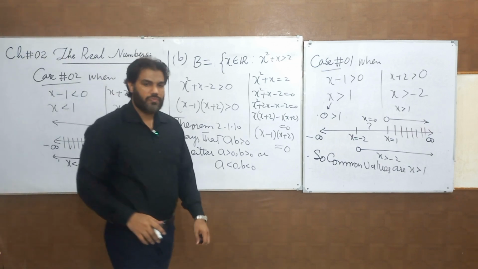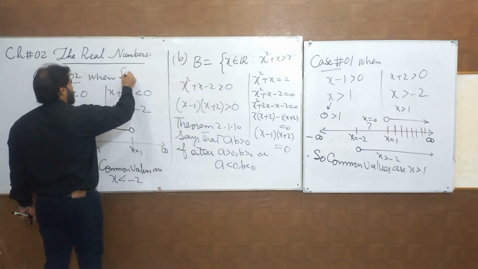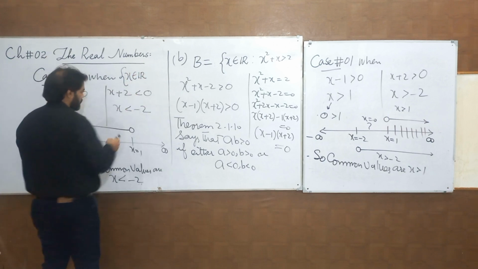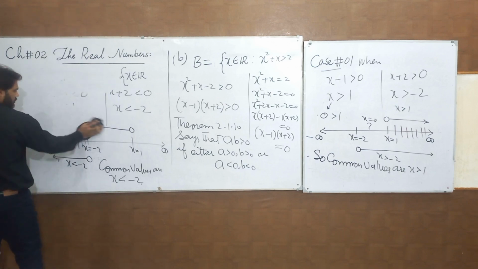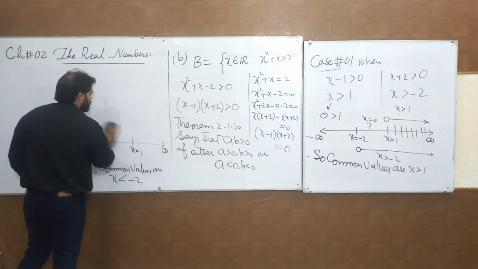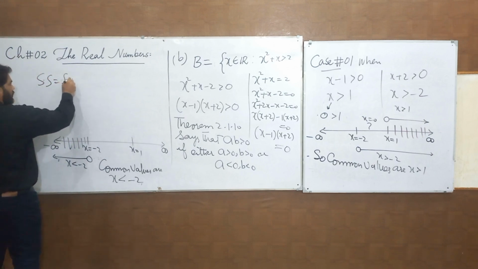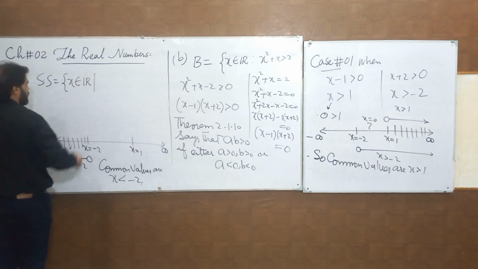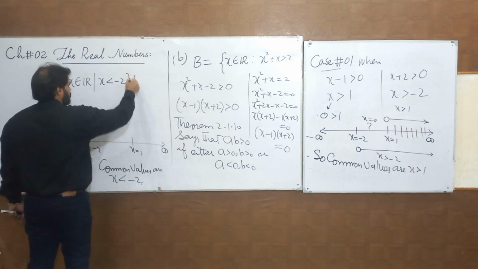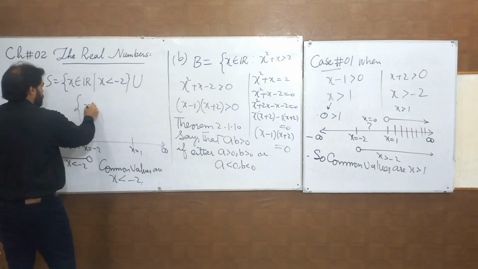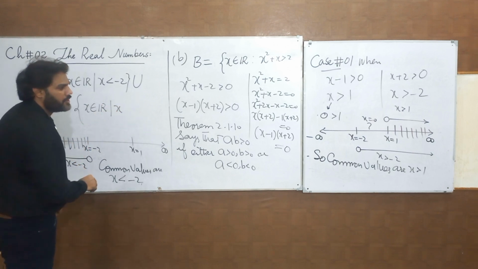So by combining both of the cases, the solution set of this inequality is the set of x belonging to R such that x is less than minus 2, union the set of x belonging to R such that x is greater than 1.